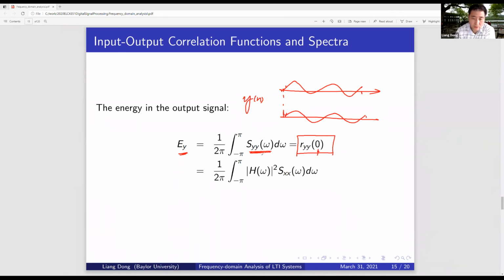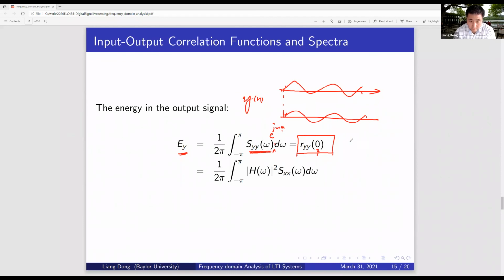And we can also show that using the inverse Fourier transform. All we have here is you put an e to the power positive j omega n. And when n is equal to 0, this term goes away, right? That's the inverse Fourier transform. And because you don't have that, n is equal to 0. So you plug in n equal to 0. We got that.